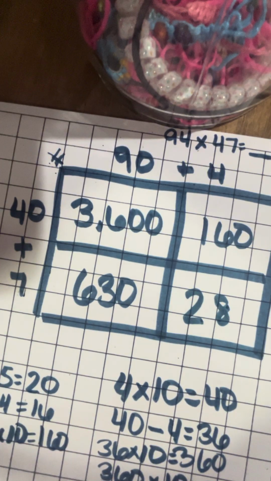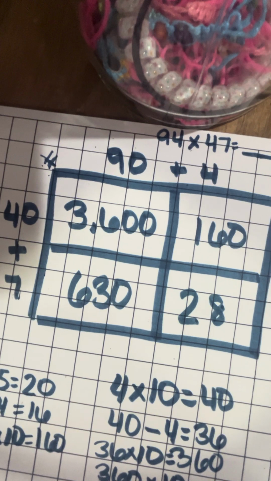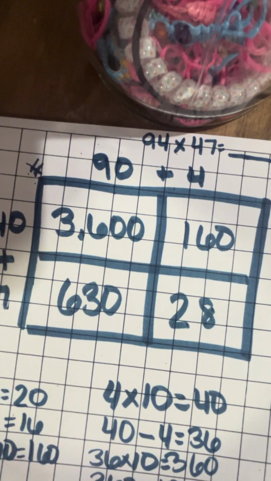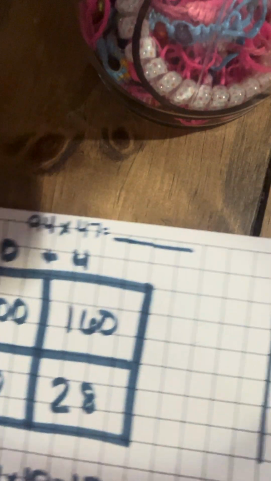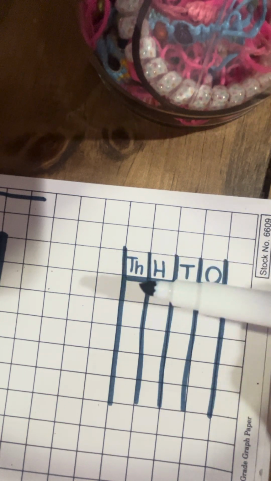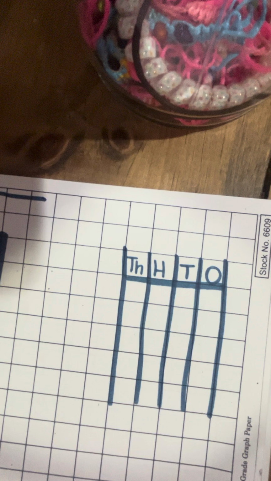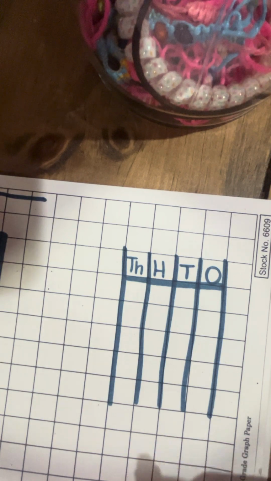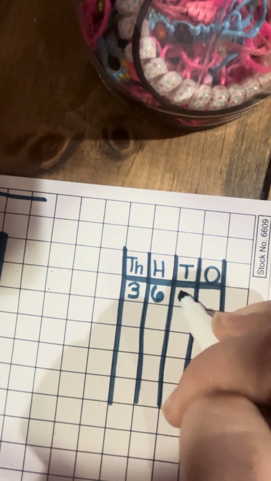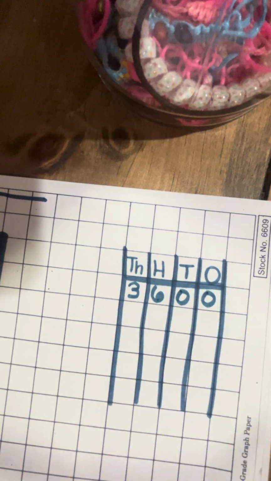Now I have a total of 4 partial products, and I need to add these all together to get my final product of 94 times 47. I have a place value chart here, and this is going to help me organize each of my products. I'm going to start with 3,600. 3,600 has 3 thousands, 6 hundreds, 0 tens and 0 ones.